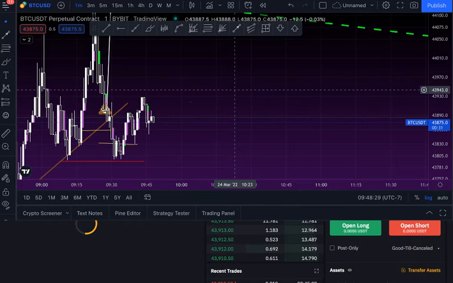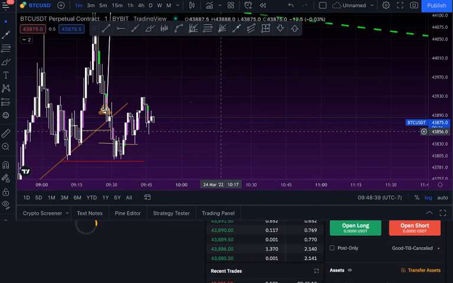Okay, so now we're looking for that third candle to break without a break of that swing low, right at the bottom of this wick.